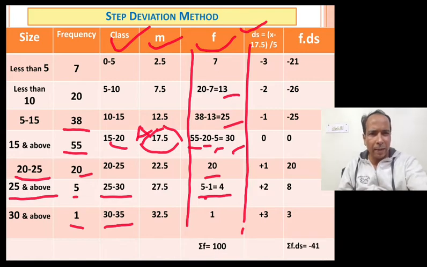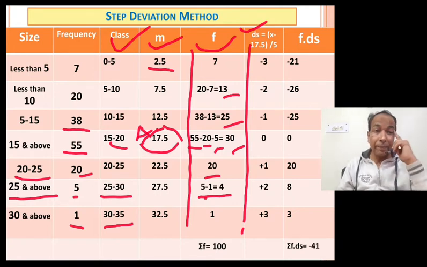You call it m or x, this is the same thing. So m minus a upon i: 2.5 minus 17.5 upon 5. 5 is the class interval, 0 to 5, 5 to 10, that is i. x minus a upon i.